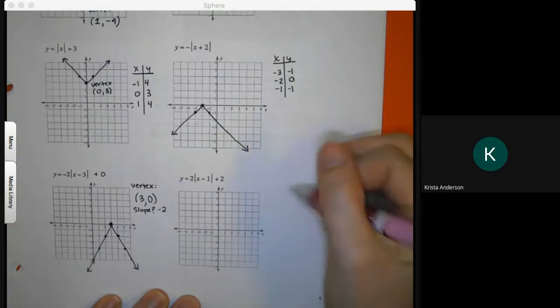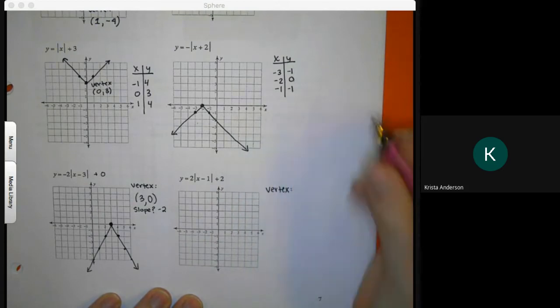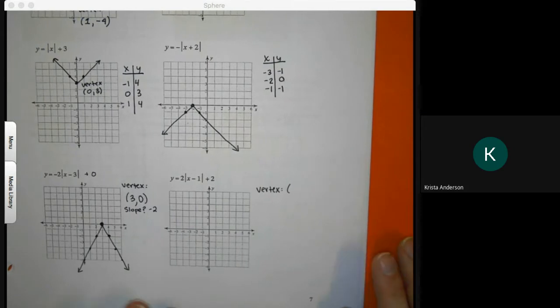Last absolute value. I'm going to find the vertex. Do you want to try it on your own and we'll see if you get it right?